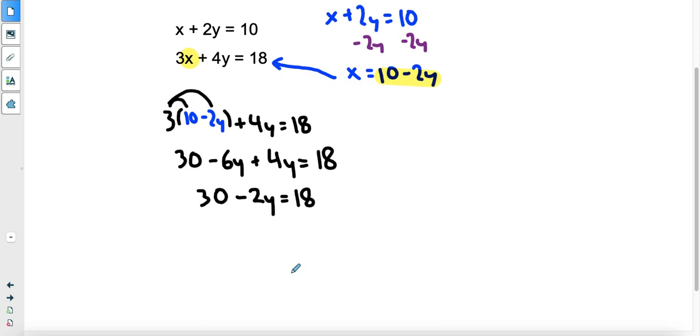Okay, to get y by itself, I need to get rid of this 30 on the left-hand side. To do that, I need to subtract 30 from both sides. 30 minus 30 cancels out, so I'm left with negative 2y on the left-hand side. 18 minus 30 is equal to negative 12.